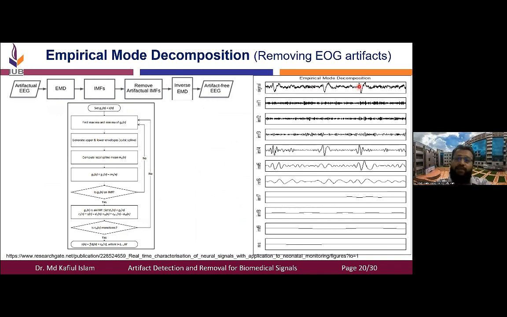It decomposes the original signal into different IMFs, known as intrinsic mode functions. Through the IMFs, you can identify if there is any particular artifact. For example, here these are actually artifact components, the eye blink. During reconstruction back to the original domain, you can get rid of IMF4 or IMF5, and then you can reconstruct your signal, which will be artifact-free.